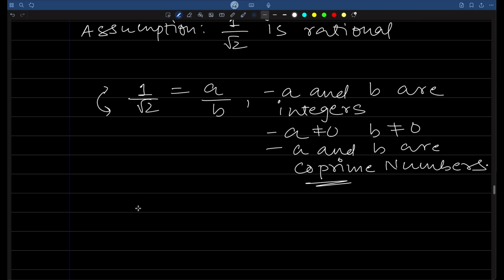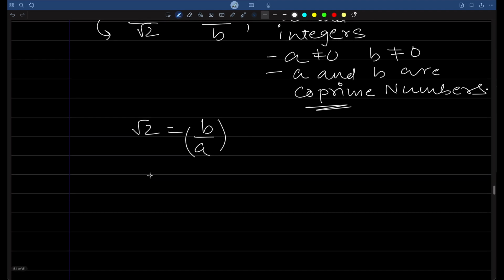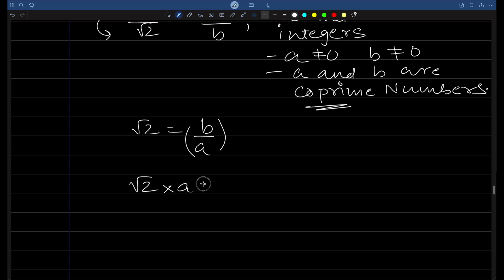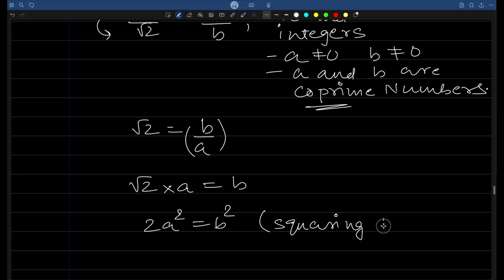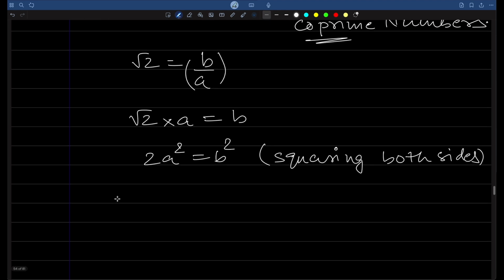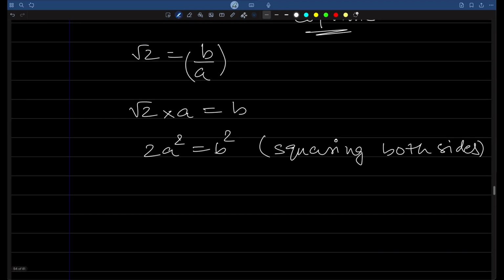That's why 8 and 9 are co-prime numbers. So that is root 2 equals to b by a. We have root 2 into a equals to b. Squaring both the sides, we will get 2a square equals to b square. If we see here, that is a and b are co-prime numbers and 2 divides b square, that is 2 is the factor of b square.